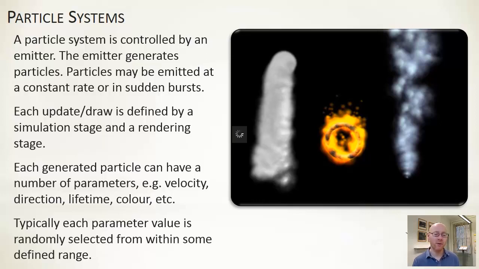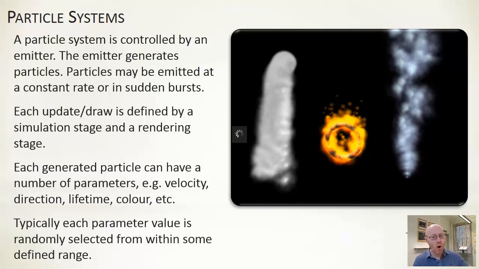But when the emitter creates them, it also has randomness, so that while there may be a general upwards direction of travel, each particle is given a different value for the speed with which it moves up, maybe a slightly different size, a different rotation, a slightly different velocity.